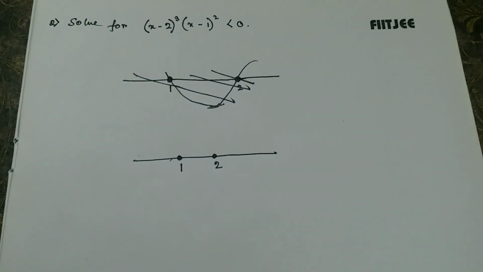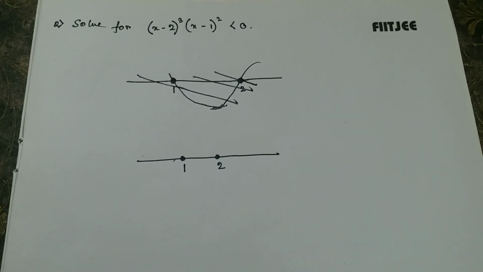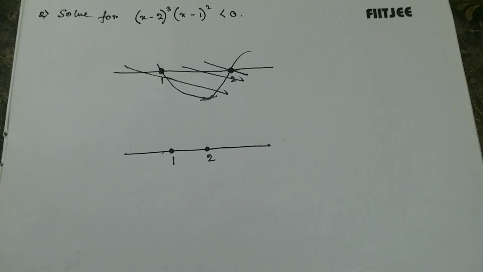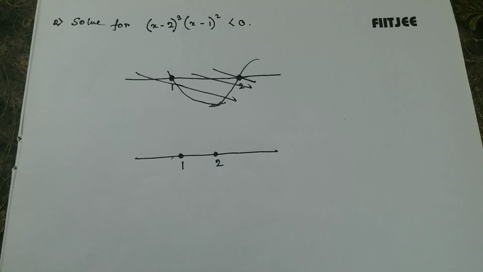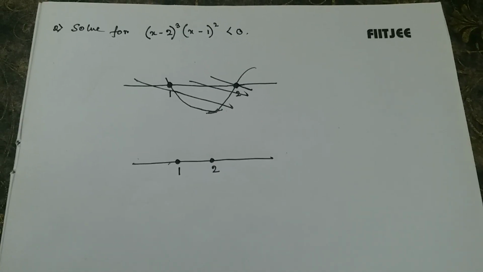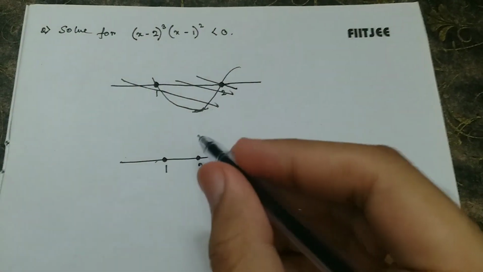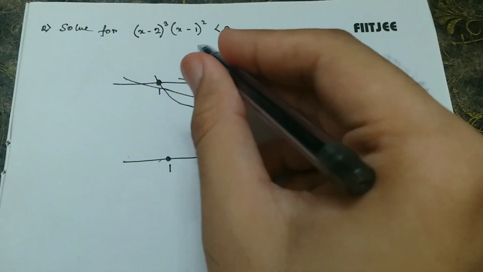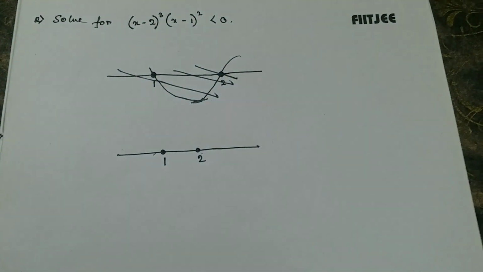Meaning if the curve is upwards on one side, then it will be downwards on the other side. And if it's an even number, 2, 4, 6, 8, then no sign change. So let's see here: x minus 2 has an odd power, so sign change will take place. x minus 1 has an even power, so no sign change.